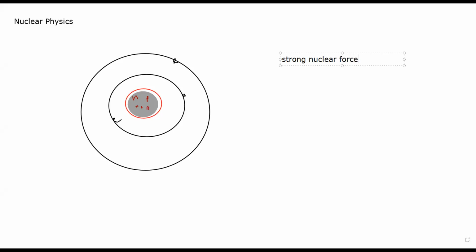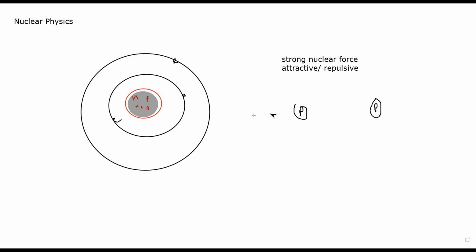A strong nuclear force can be attractive, it can be repulsive. So basically how this strong nuclear force is acting, for example, you have two protons within the nucleus.